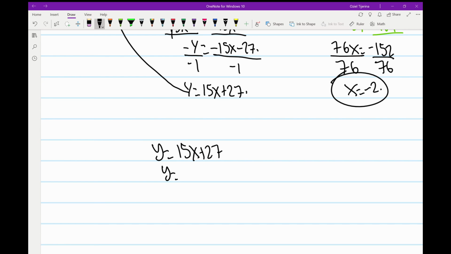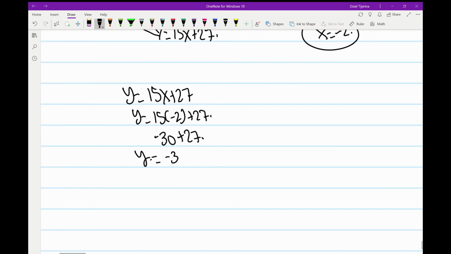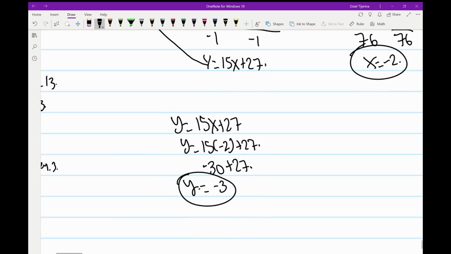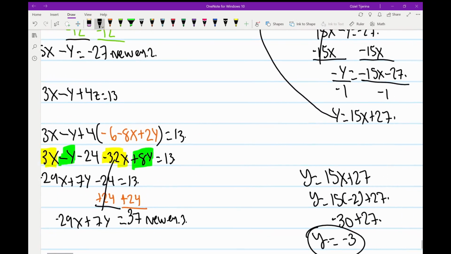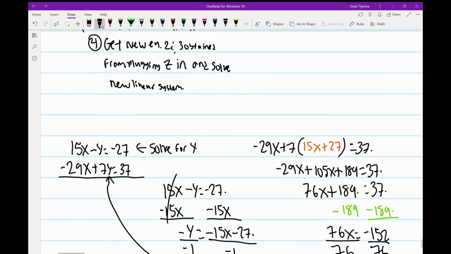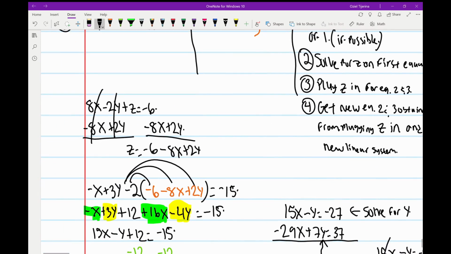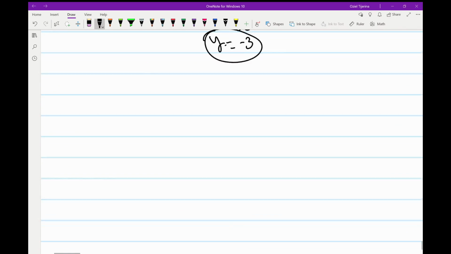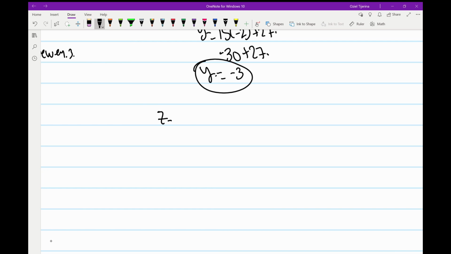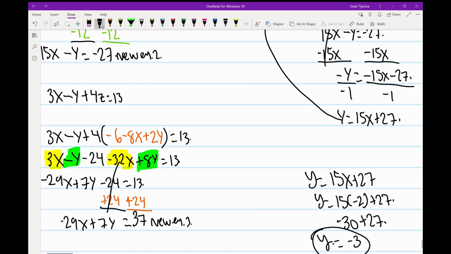So y equals 15 times negative 2 plus 27, which is negative 30 plus 27, which is negative 3. So y equals negative 3. And then z, since we solved for it at the very beginning.